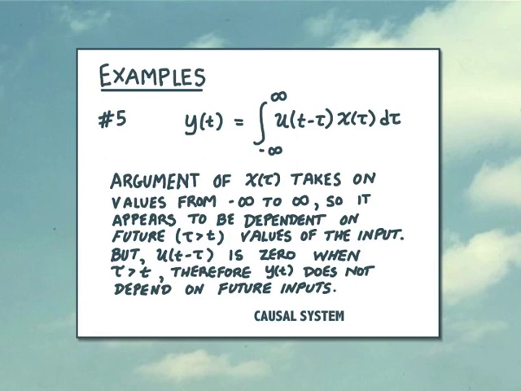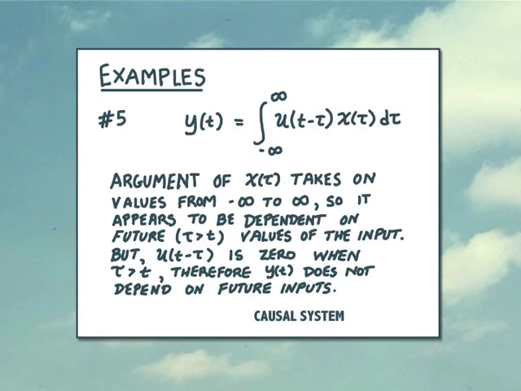Example number 5 is a bit tricky. It says y of t is equal to the integral from minus infinity to infinity of u of t minus tau times x of tau d tau. When seeing that integral of tau from minus infinity to infinity, you would think that x values for times greater than t would come into play in determining y of t.